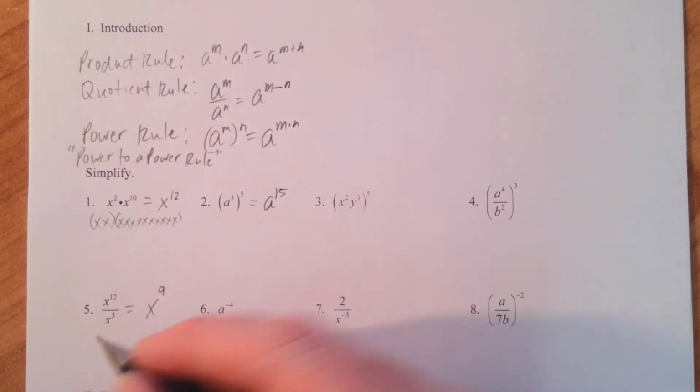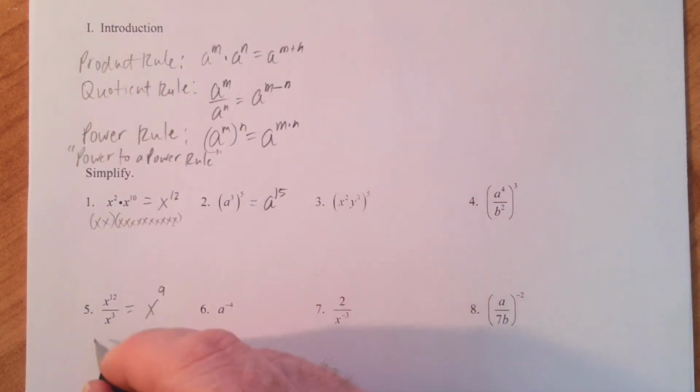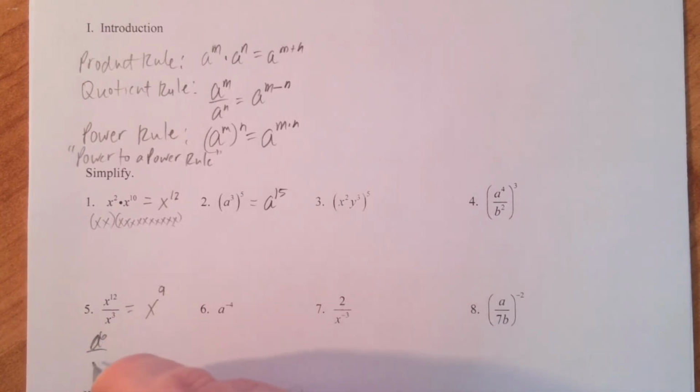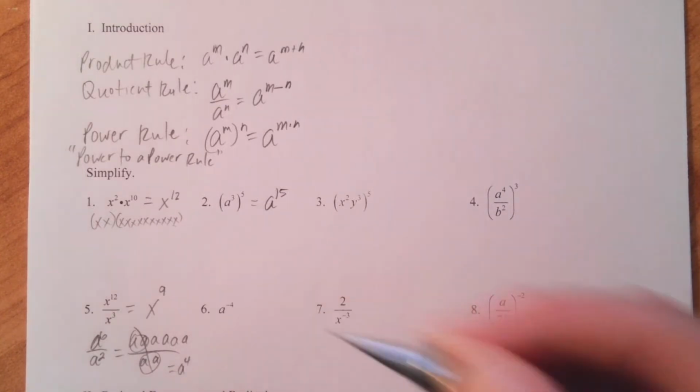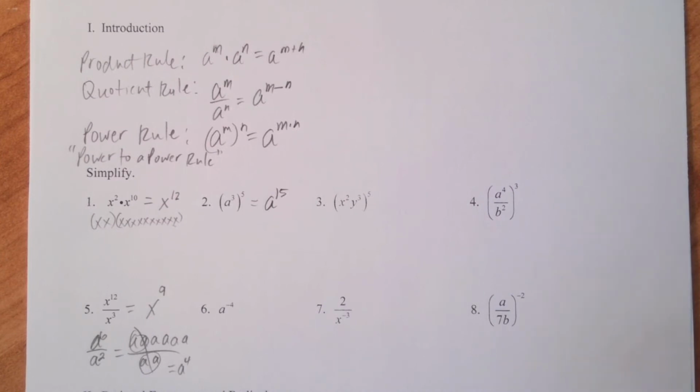Here, let's use something a little bit nicer, like a to the 6th over a squared. You'd have 6 a's multiplied over 2. These 2 cancel those out. Notice you're left with 4. 6 minus 2, a to the 4th. And so it's pretty clear that these rules are as they should be.